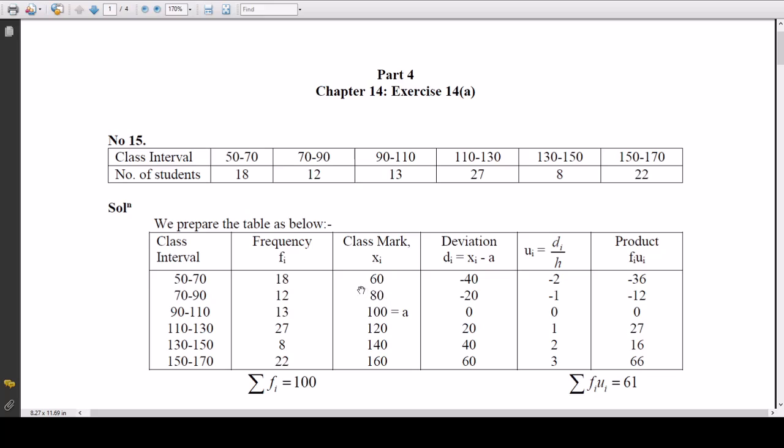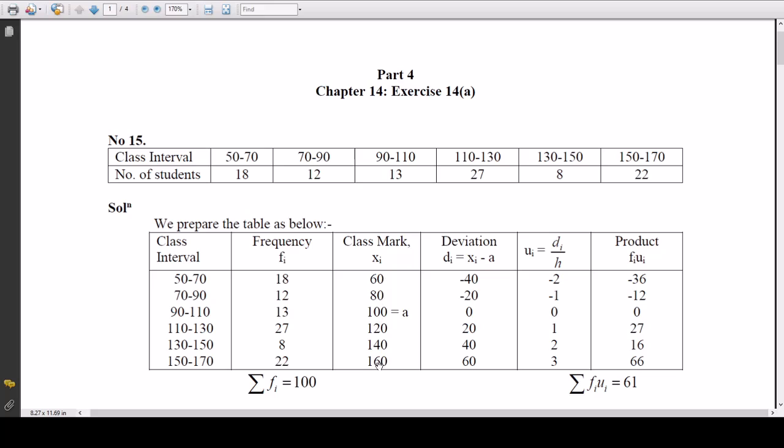what is class mark? It is the mid value of a class interval. From 50 to 70, 60 is the midpoint. From 70 to 90, 80 is the mid value. Same thing up to 150 to 170, the mid value is 160.